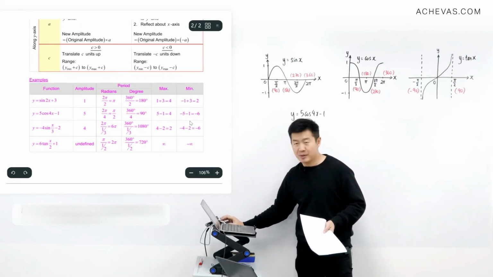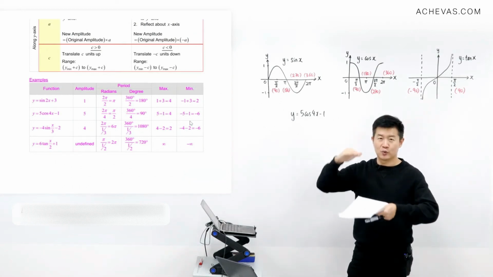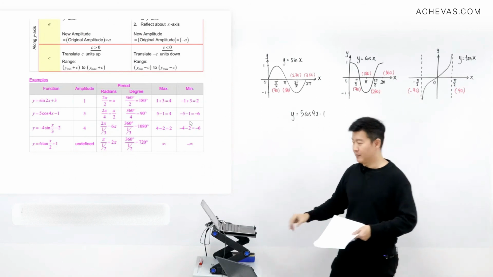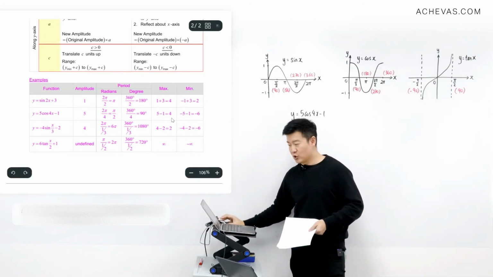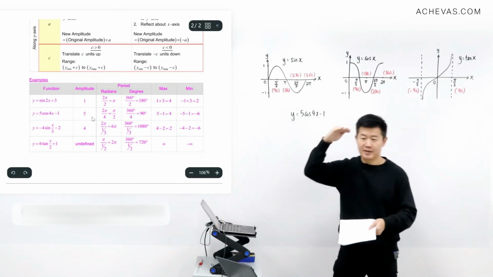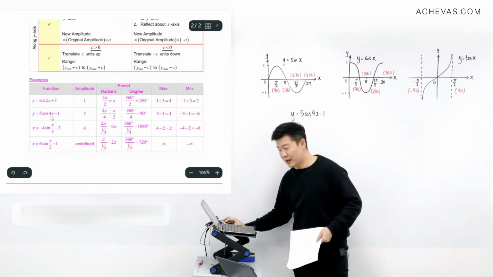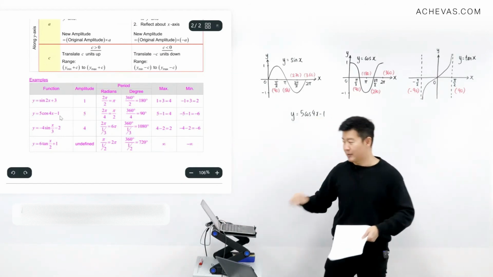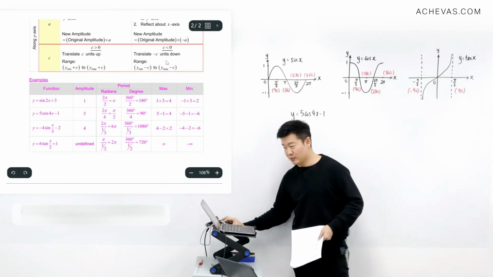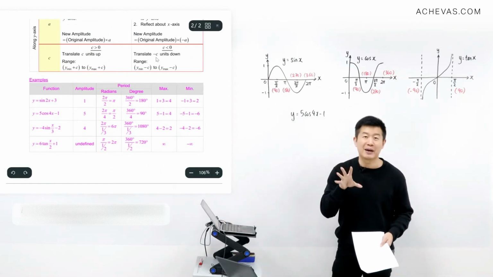And for the maximum and minimum, let's try to imagine the graph. Based on the graph, we are going to add or subtract based on how the graph is going to be translated up or downwards. If the amplitude is 5, that means it's going to be from minus 5 to 5. And then it is going to have this minus 1 here. Minus 1 here will cause the graph to be translated by minus C, since this is a negative number, which means it's translated by minus 1.